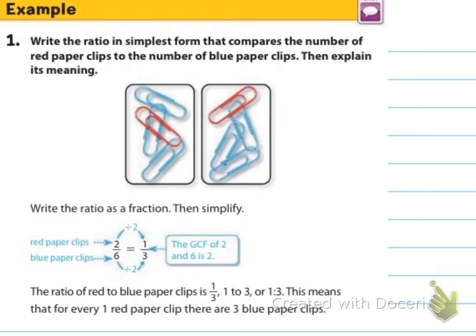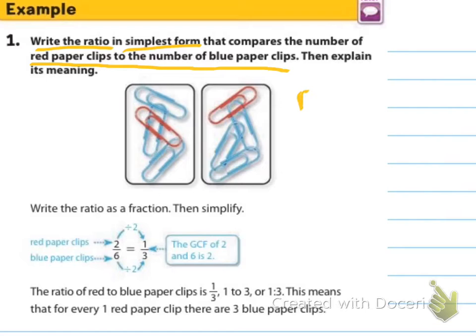Alright, so example number 1 says write the ratio in simplest form that compares the number of red paper clips to the number of blue paper clips. So what I'd like for you to do is write this. We're writing the ratio in simplest form, big key thing there. We need to count them up and see what we have for each one.